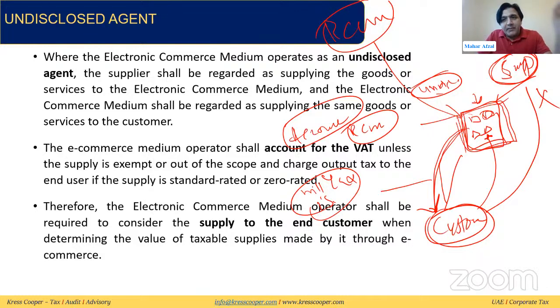So basically, if the customer cannot see who is the supplier behind the goods, it will be considered an undisclosed agent, and it will be assumed that the platform operator is buying and selling. At the time of buying, they will apply RCM unless the goods are exempt or out of the scope. At the time of selling, they need to charge 5% or 0% VAT unless the goods are exempt or out of the scope.